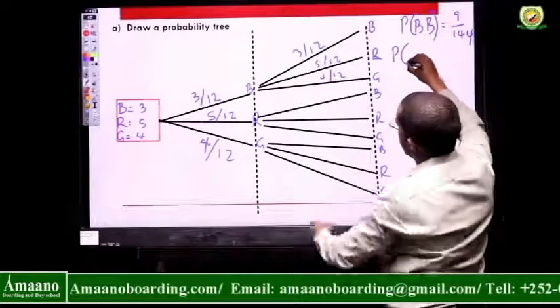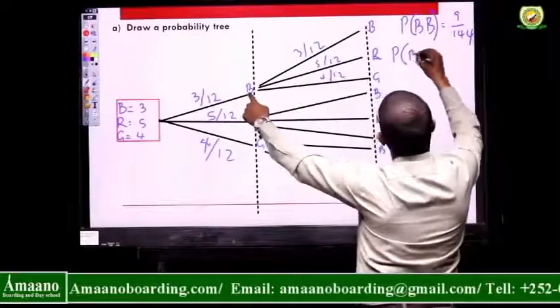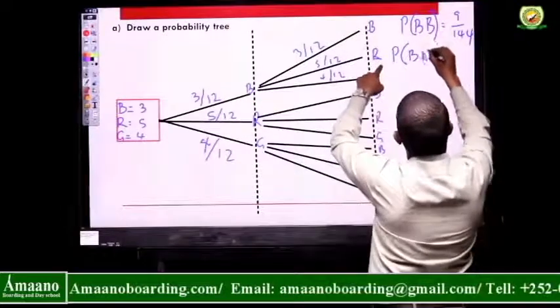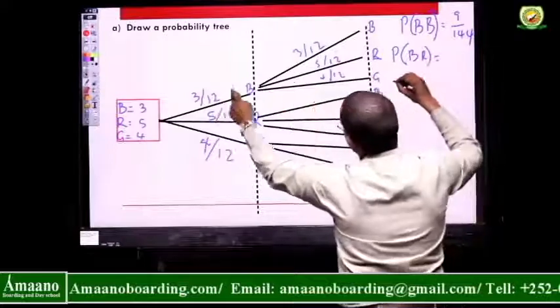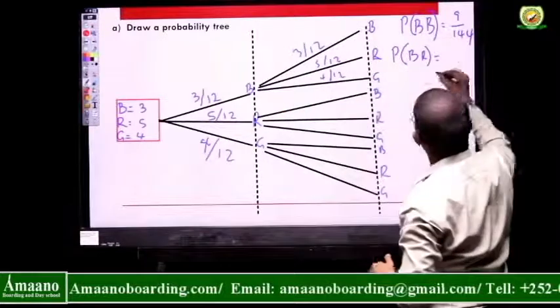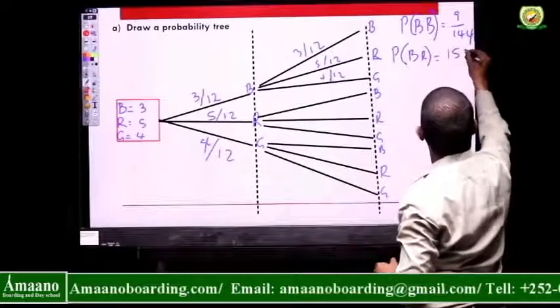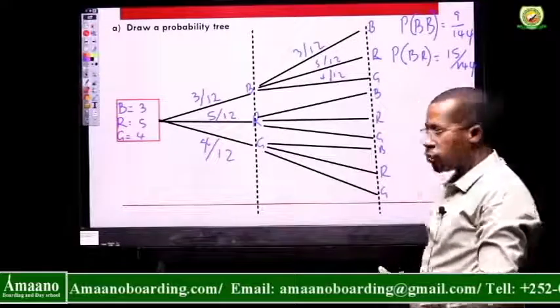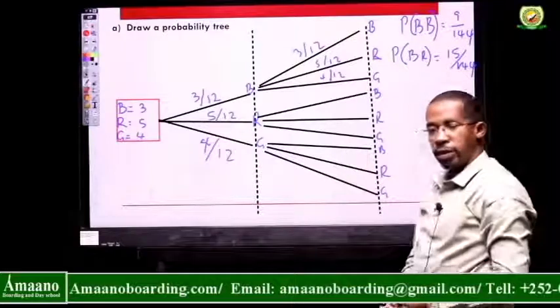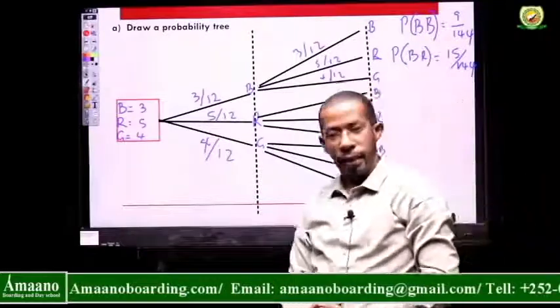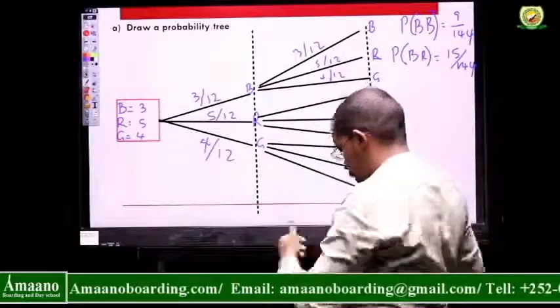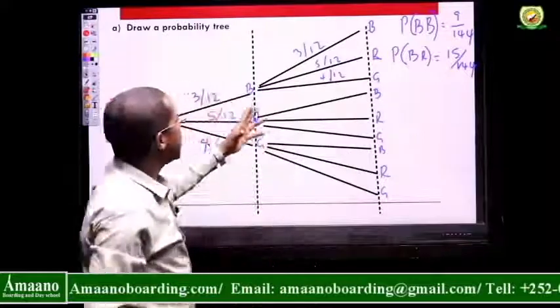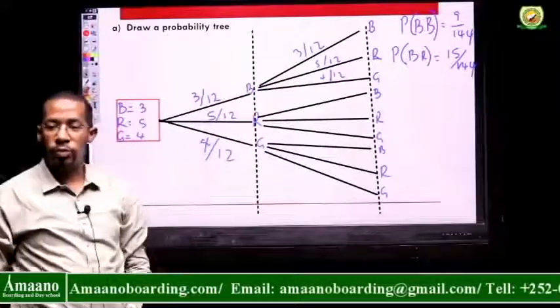Probability of getting first time blue, second time red will be this times that. That is 15 divided by 144. So you continue and complete the whole probability tree diagram. This is how the probability tree diagram will look.